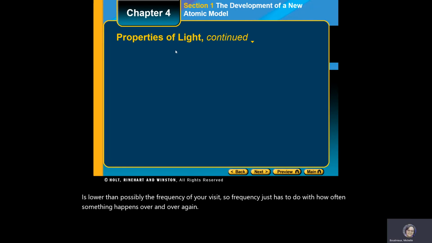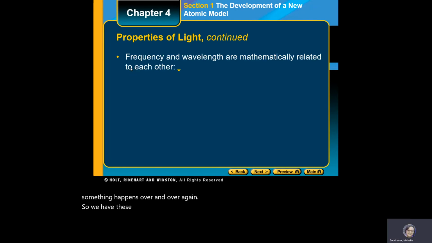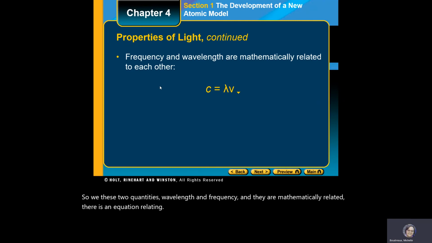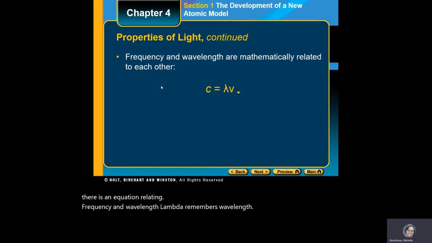So we have these two quantities, wavelength and frequency, and they are mathematically related. There is an equation relating frequency and wavelength. Lambda remembers wavelength, the nu is frequency. If we multiply those together, they're always equal to a constant.